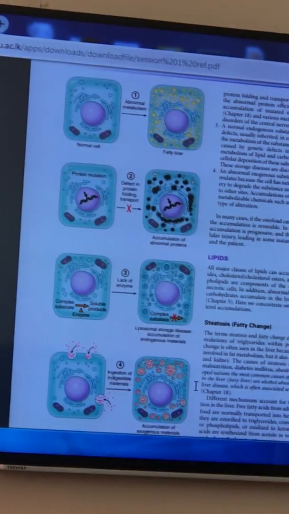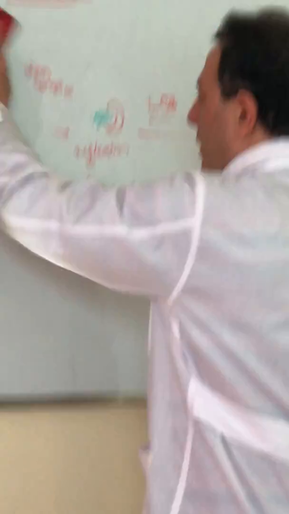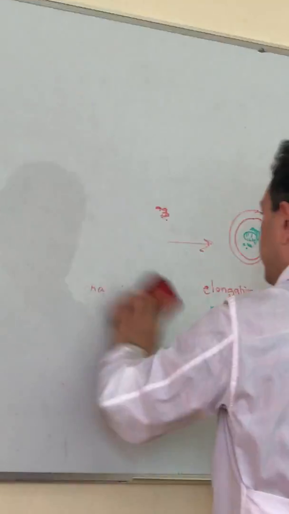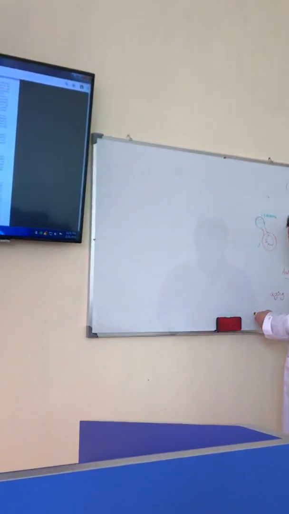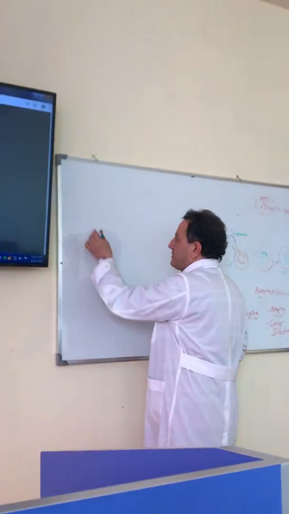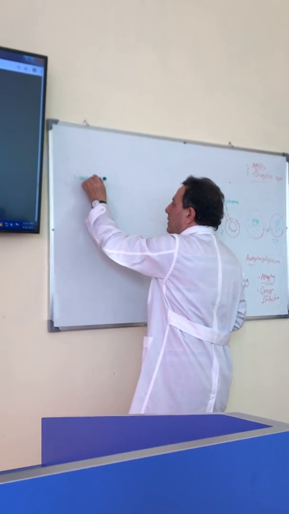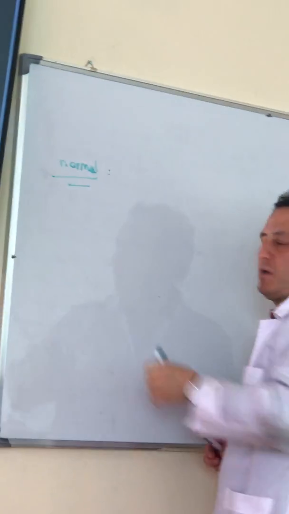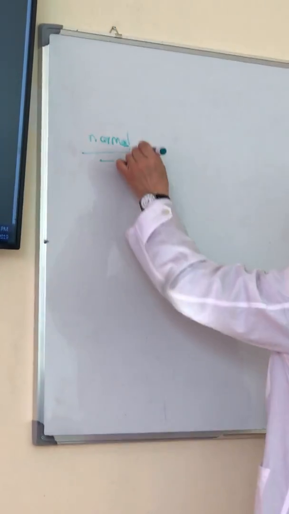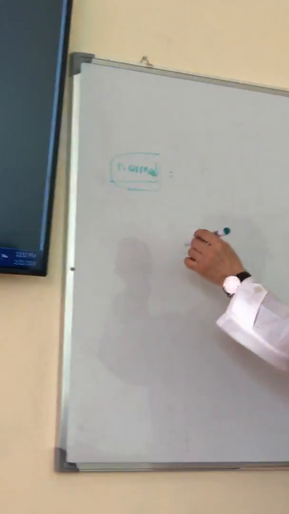So here in intracellular accumulations, maybe there is accumulation of a normal substance. It's normal, but due to lack of packaging, lack of proper folding and transport, this accumulates inside the cell.